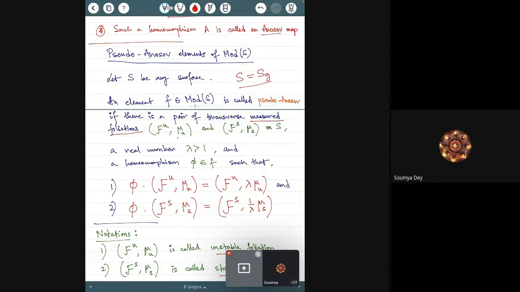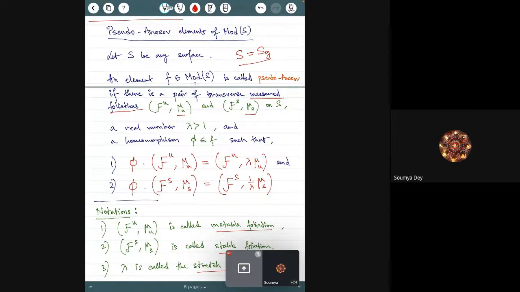These mu's are basically those transverse measures. All right, so let me again repeat. You have a surface, for example, let it be S_g. An element f from your mapping class group is called a pseudo-Anosov element if there is a pair of transverse measured foliations. One is F_U with mu_U, and the other one is F_S, mu_S.